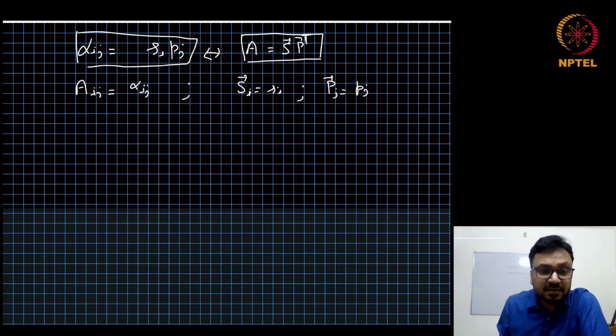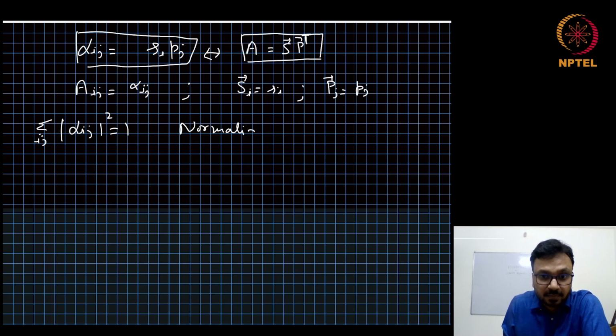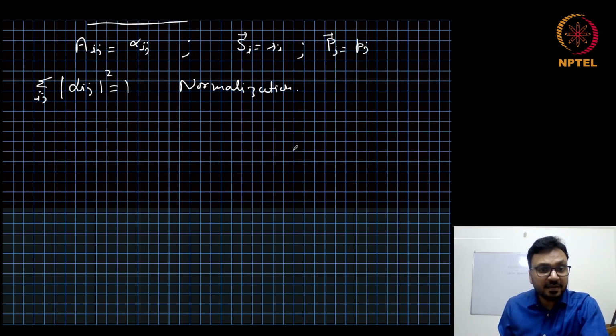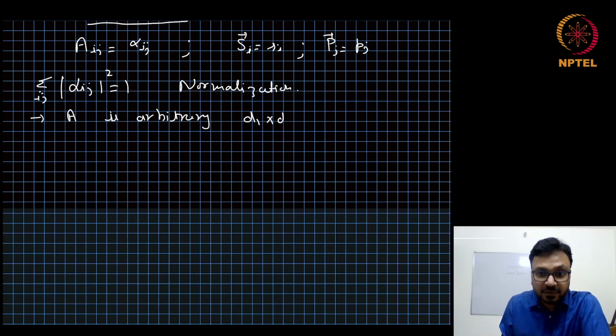Now, what is the condition on alpha ij for it to represent a state psi? The condition is that the sum over ij of alpha ij mod squared should be equal to 1. That is the normalization. Other than that, there is no restriction on the choice of alpha ij. So in that way, A is arbitrary. The dimension of A is d1 by d2, and it's complex.